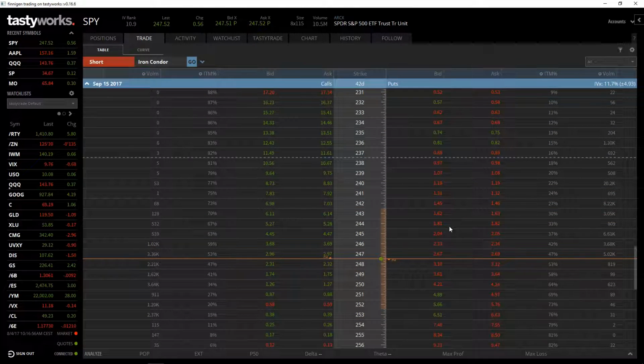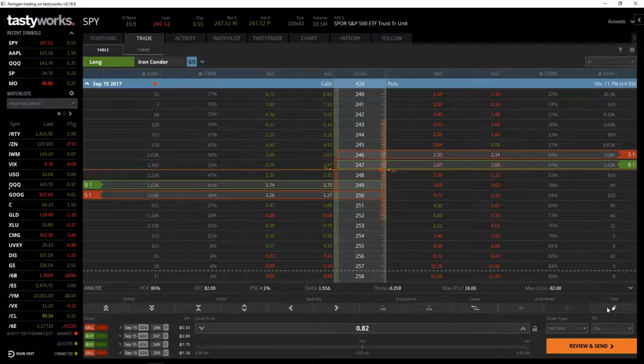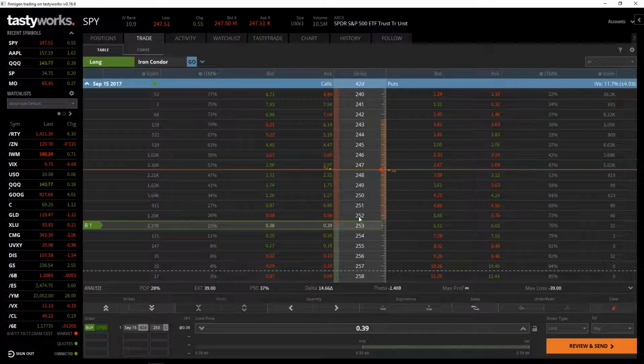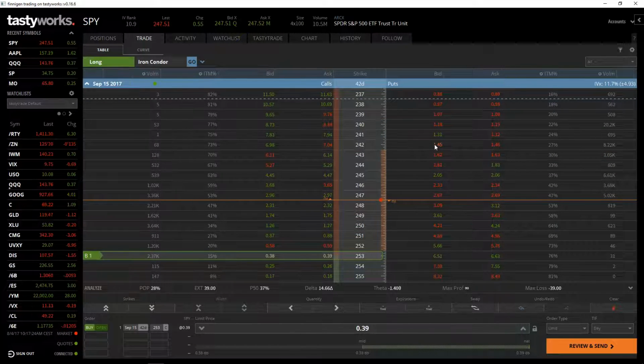Now let's just move on to a long Iron Condor. Again, you could do it up here like this, but we don't want that. A long Iron Condor is very similar to a short Iron Condor in the way it's set up, but the payoff is actually quite different. This time we want to buy the inner strikes, so we want to buy the 253 strike call and we want to buy the 242 strike put option.